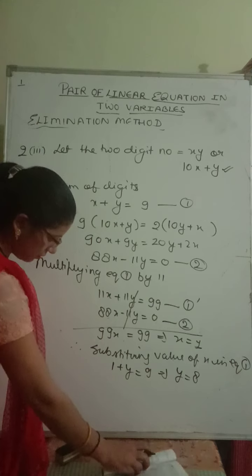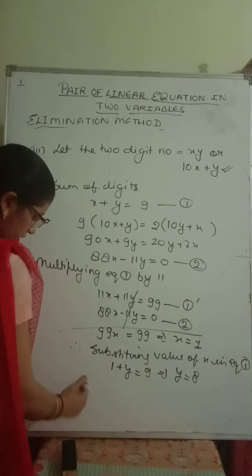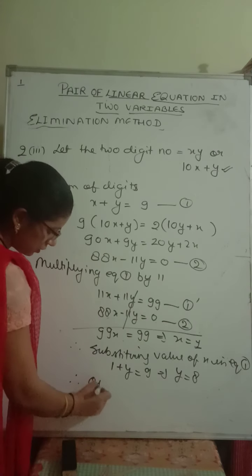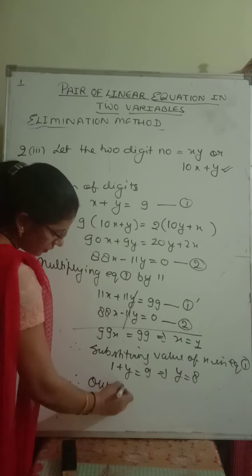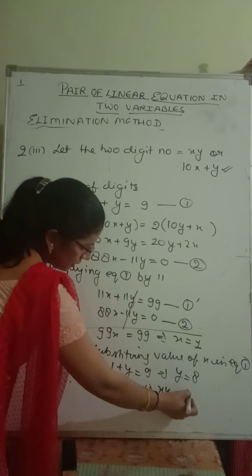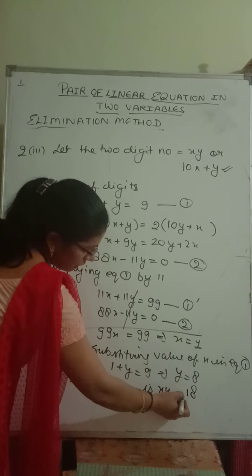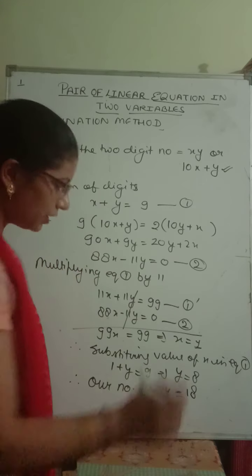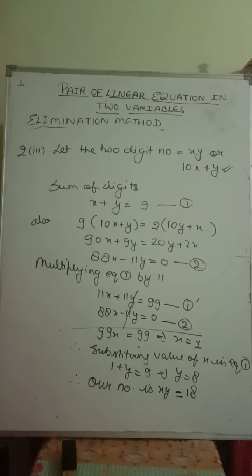So therefore our number is, what it will be? Therefore our number is xy या 10x + y, किसी में भी रखो. So x, what is x? 1 and what is y? 8. So our number is 18. Okay, so this is the solution.